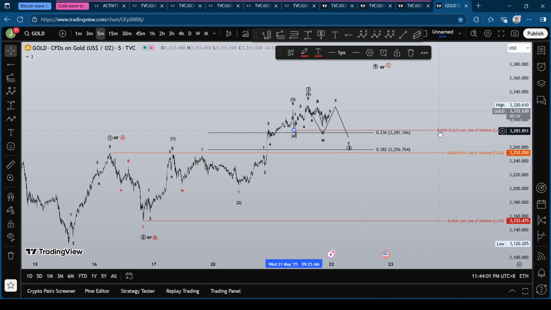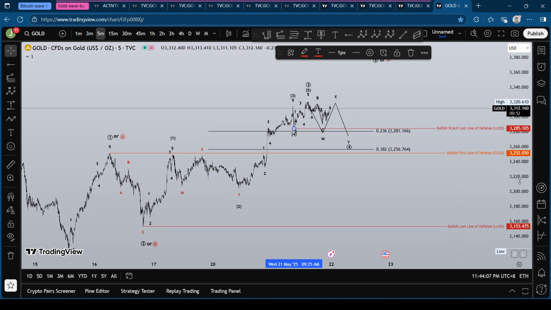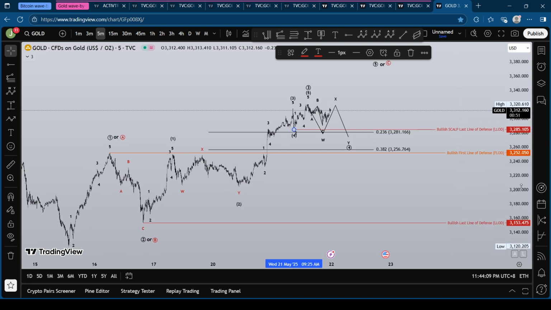Once this is broken, expect that it will continue to go down and will challenge the higher time frame or the higher degree bullish first line of defense. Once this is broken, then the last line of defense bullish scenario will be the price of encircled wave 2 at 3,153.